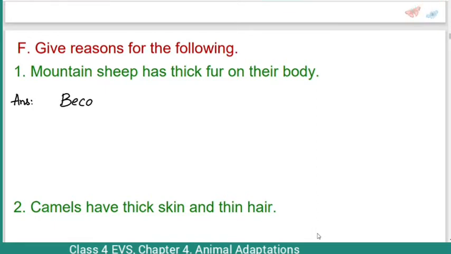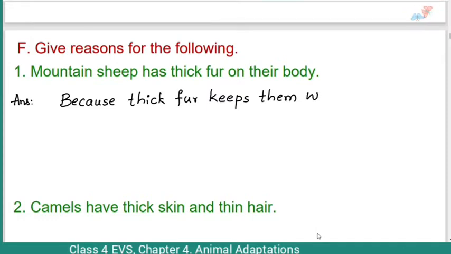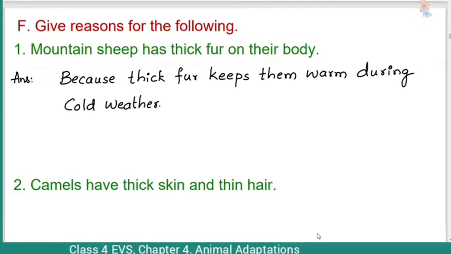Answer, because thick fur keeps them warm during cold weather.